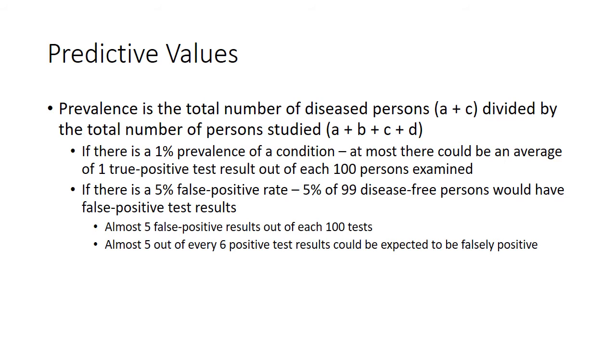That would mean that out of the 99 people who had no disease, you'd end up having roughly 5 of them coming up with a positive test result. So that would mean that almost 5 out of every 6 positive tests you'd be expected to be falsely positive. So again, it doesn't instill a lot of confidence in how well these tests are working.